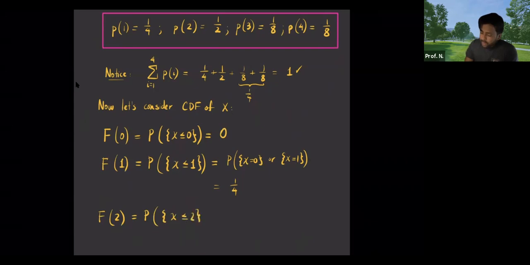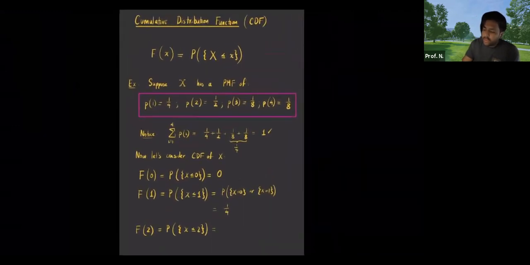So far, this doesn't seem to matter so much, but it does. Now, what if I want to find the probability that x is less than or equal to 2? Notice the word cumulative is embedded in this abbreviation, right?